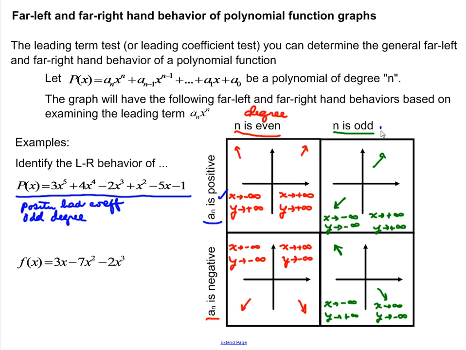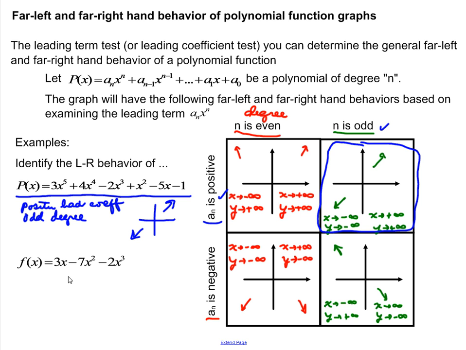That is this behavior right here. So as x goes towards positive infinity, y goes towards positive infinity, and as x goes towards negative infinity, y goes towards negative infinity.